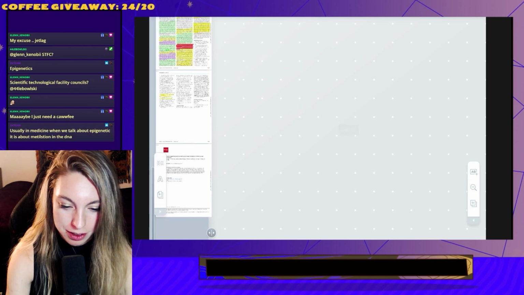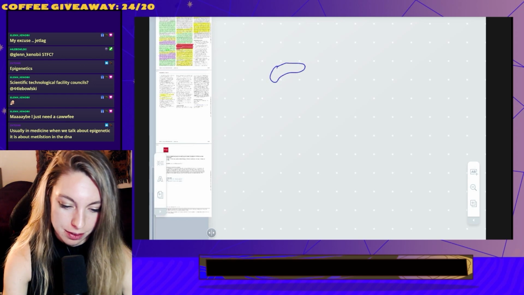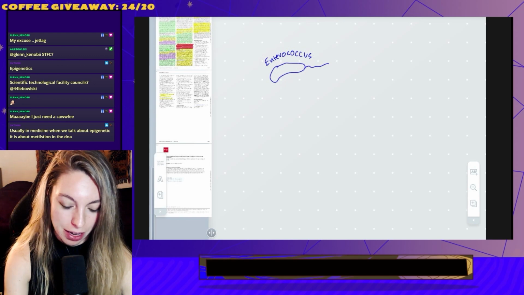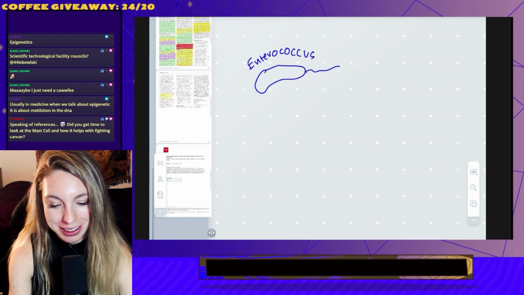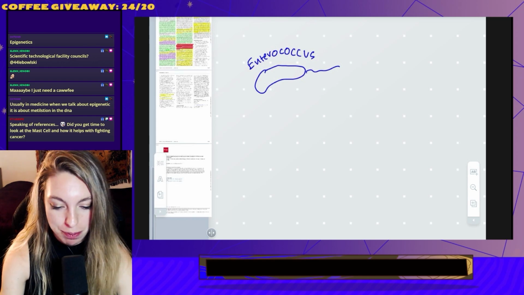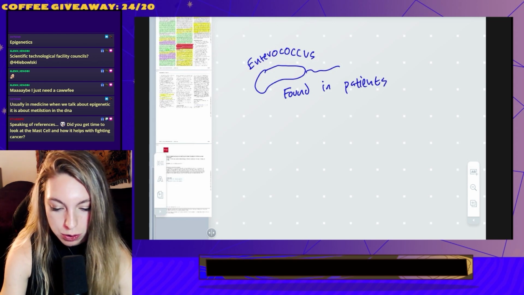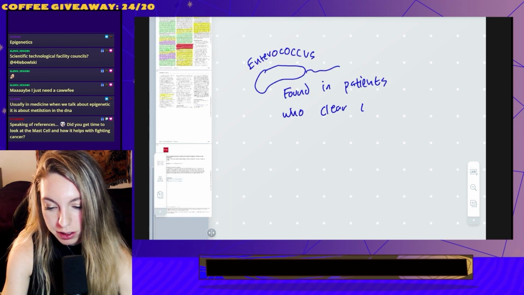So we learned that enterococci, which are these little bacteria that are usually found in our guts, the enterococcus has been found in patients who clear their tumors better.